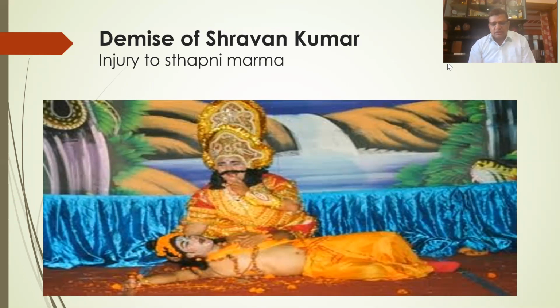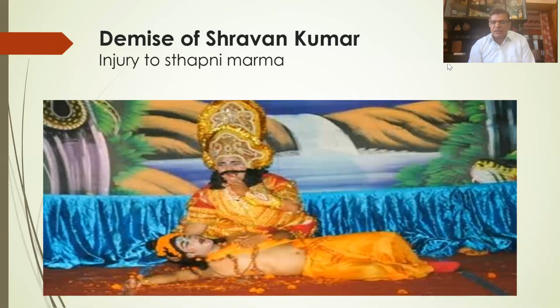He went to the bank of the river and tried to take water in a pot. At that time, Dasharatha was also present in the forest, and he thought that some deer was drinking water from the river, and in confusion he shot an arrow.